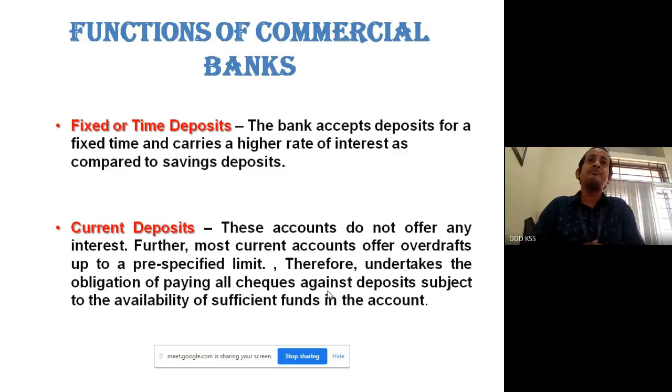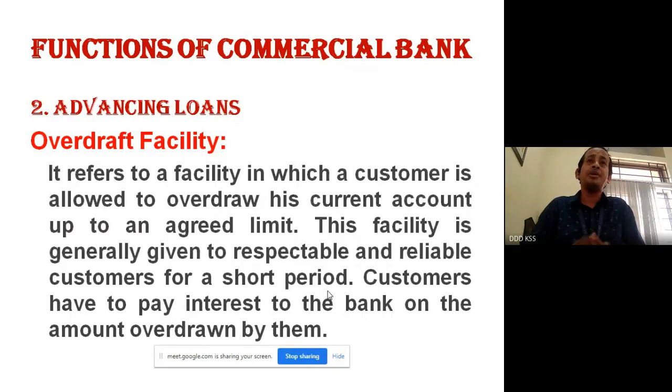Next, we will discuss advancing loans. Advancing loans is another category which, as a primary function, commercial banks perform. Now, in advancing loans, first is the overdraft facility. Overdraft facility refers to a facility in which a customer is allowed to overdraw his current account up to an agreed limit.